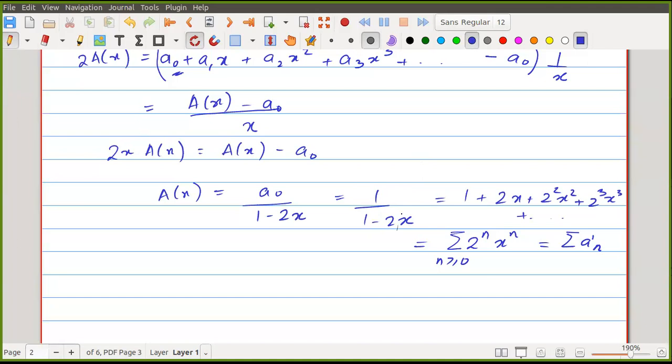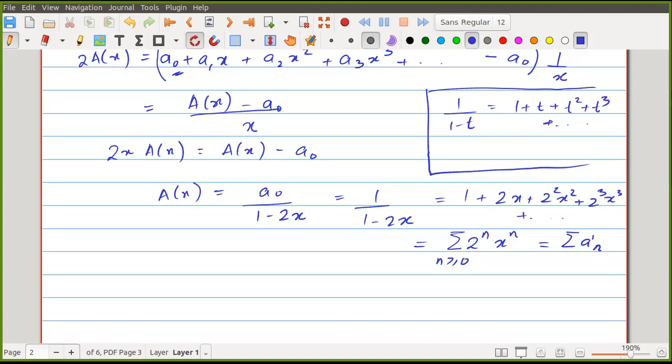So 1 upon 1 minus 2x is what we see. And then if you recall, 1 upon 1 minus t is nothing but 1 plus t plus t square plus t cube and so on, correct?